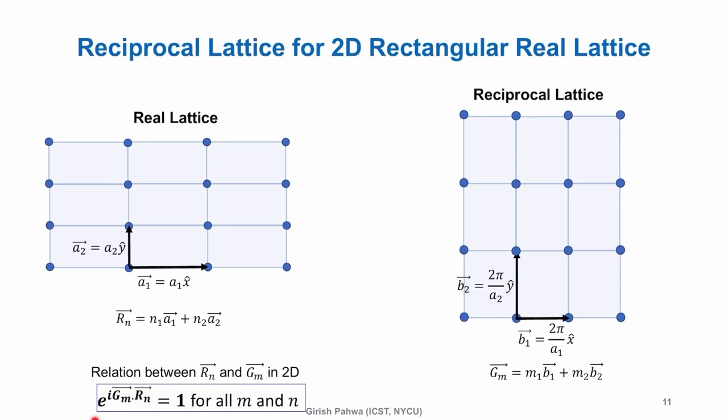So this holds true. As we had this in 1D, we also have this in 2D. It can be proved, but I'm not going to do that. You may go through the proof in the slides. For all m and n. m and n are integers. Okay, m means m1 and m2, n means n1 and n2. You take the dot product of this and do e to the power of this, so you will always get 1. Always.